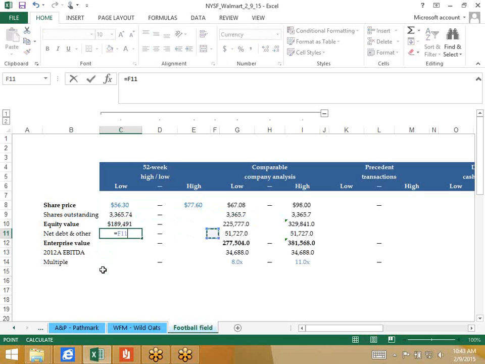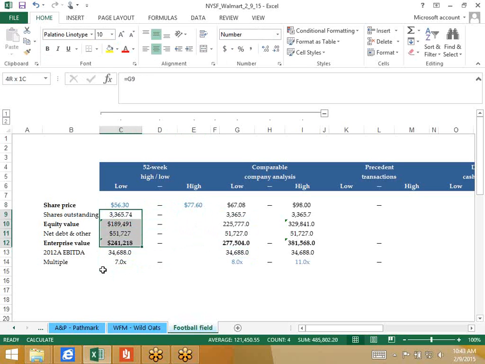I'm going to pull the net debt over. I'm going to add equity value plus net debt to get enterprise value. And I'm going to pull the EBITDA, and divide enterprise value by EBITDA to get the multiple.